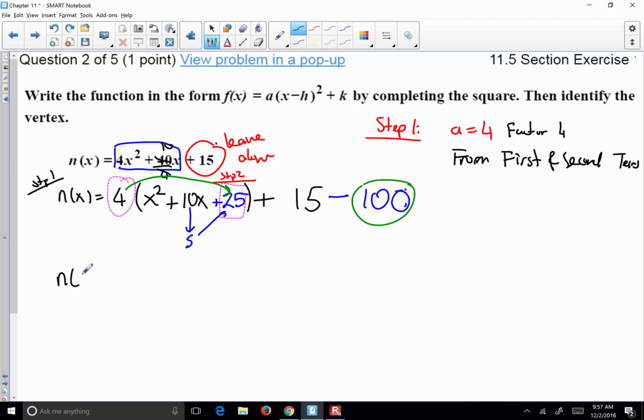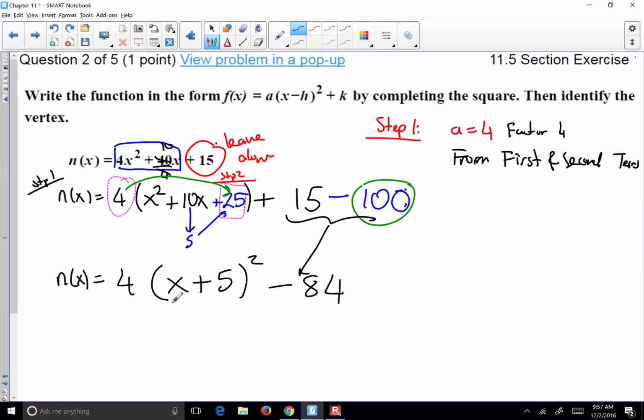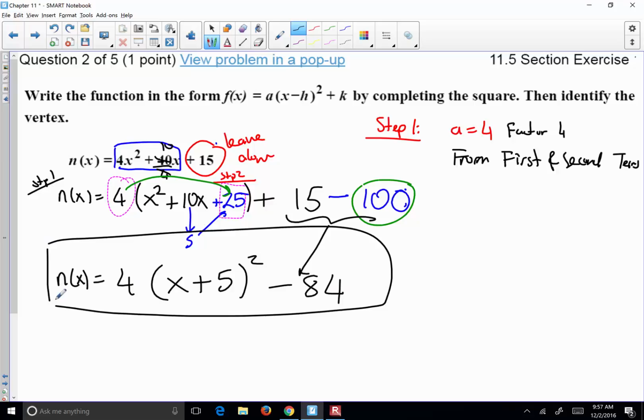Now let's turn this into a square. This parenthesis becomes a square with x plus 5. What is 15? Take away 100? Negative 85. We're all set. Mission accomplished.